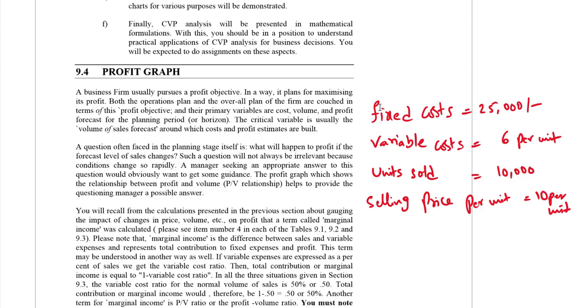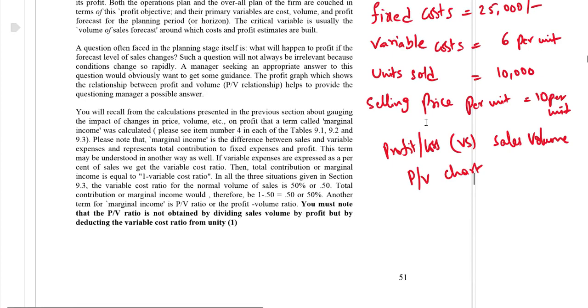Now we have to prepare a profit graph for this company. Profit graph is nothing but a graph between profit or loss versus sales volume. Sometimes this is also called as profit volume chart. Now for this given data, first we have to find out contribution.